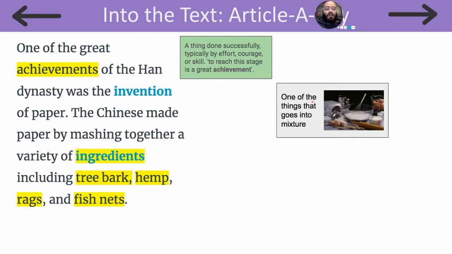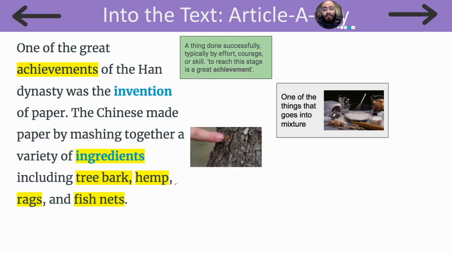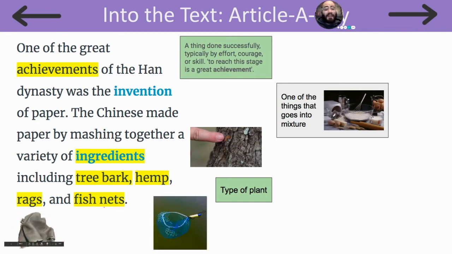An ingredient is one of the things that goes into a mixture, such as the ingredients in pizza are tomato, cheese, dough, including tree bark. Here's some tree bark, hemp, which is a type of plant, rags, which is like used cloth, and fish nets that are used for fishing.